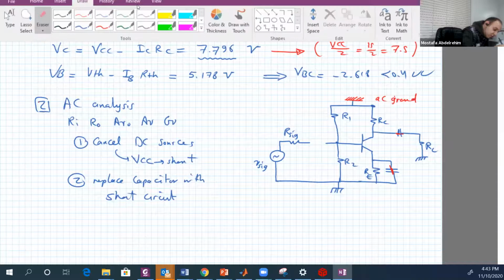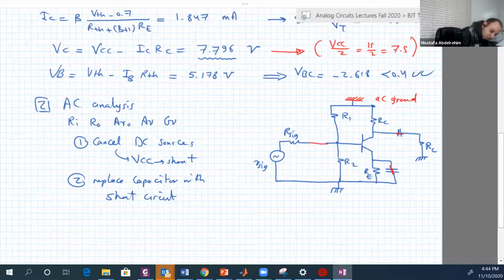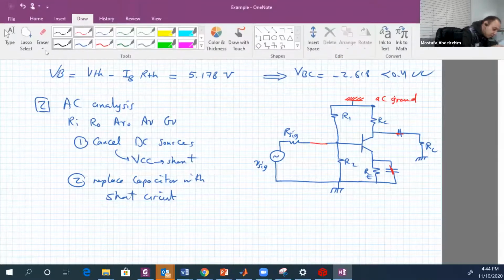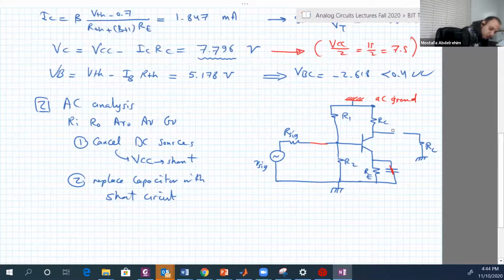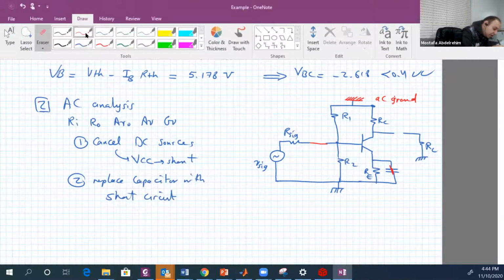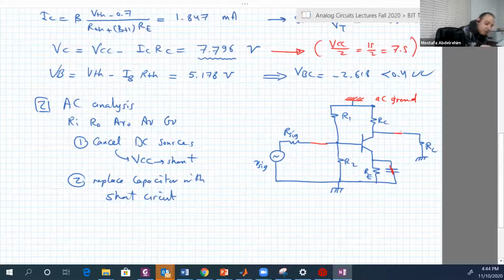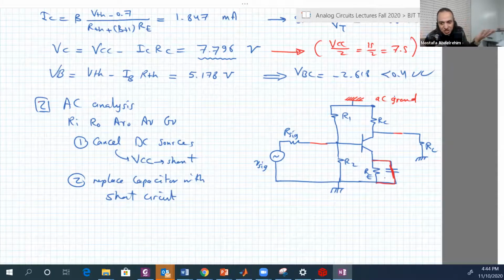Let's put it in green, so we know that it was a capacitor before. Also remove that one and make it green as well. And now when we short this one as well, this resistance RE will have a short circuit in parallel. The parallel combination of a short and a resistance is just the short. So this will cancel RE.